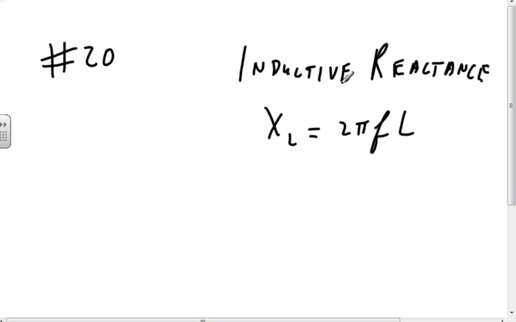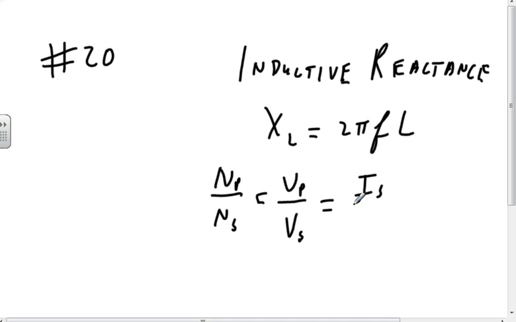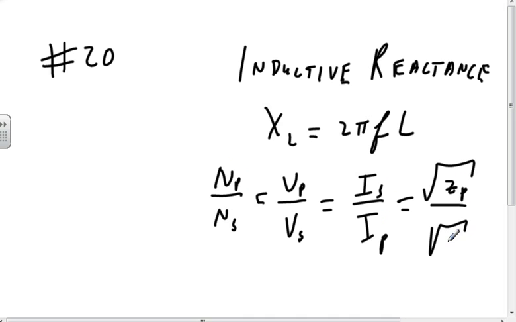Okay, so we're doing that, and then we're also adding transformers: turns primary, turns secondary, voltage primary, voltage secondary, current secondary, current primary, square root of the impedance primary, square root of the impedance secondary.